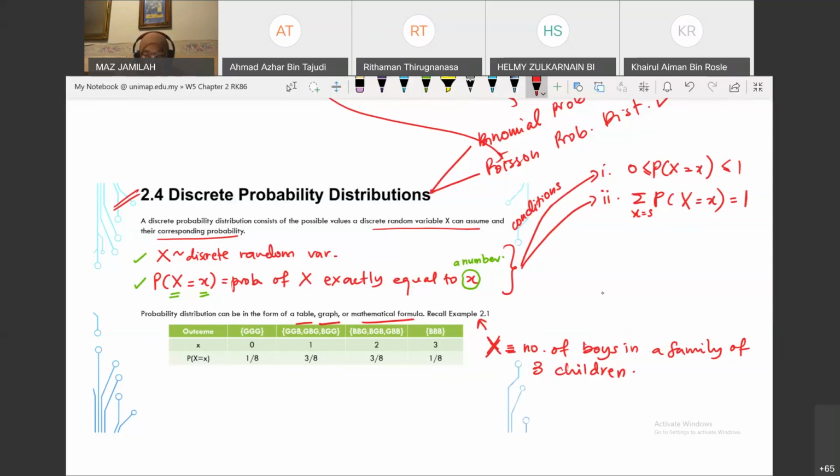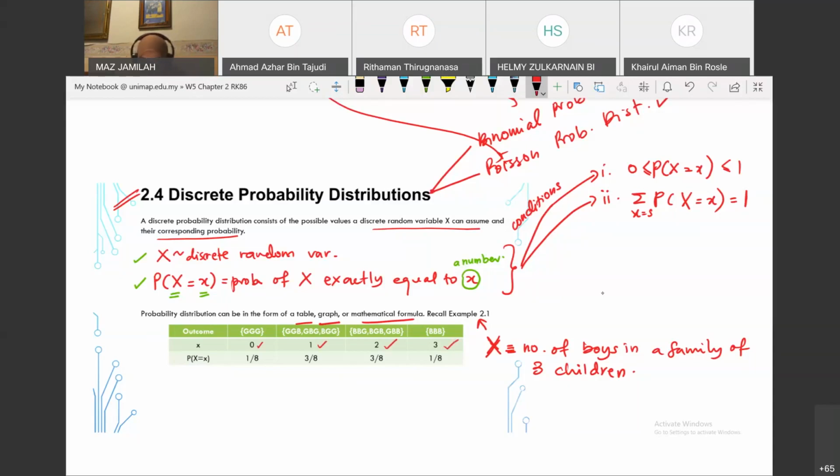So if we put this into a table of distribution with the probability, this is what we have. The outcome of X is the number of boys: 0 boys, 1 boy, 2 boys, 3 boys.